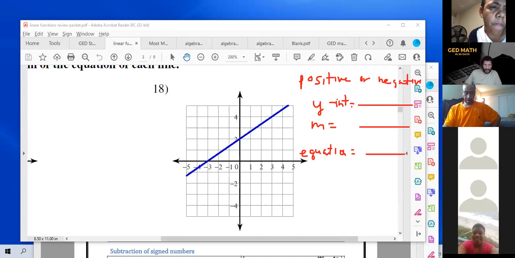That's the slope, Chris? Yes. That is incorrect.